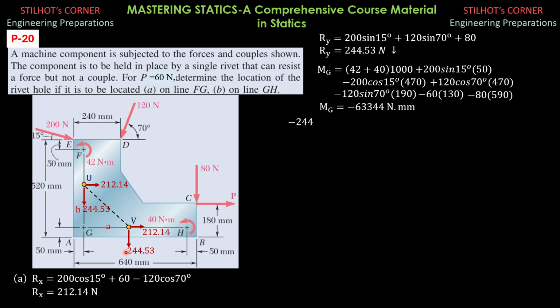So negative 244.53A equals negative 212.14B equals negative 63344. So we can now solve for A and B. A is equal to 259.0 mm and B is equal to 298.6 mm.